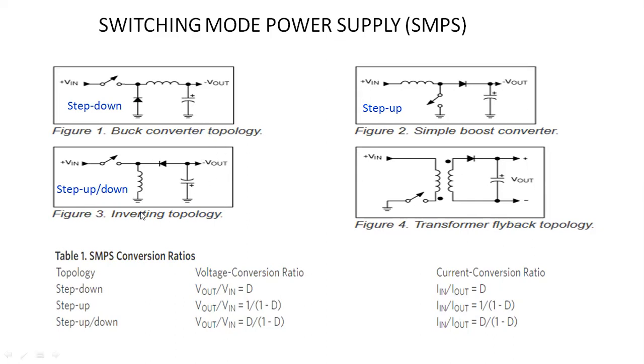We can call this type of inverter a switching mode power supply inverting. It means this is the buck boost switch mode power supply, or the inverter. Again we use the switch first, after that we give to the transformer directly. We can say that type of SMPS is the transformer flyback topology.